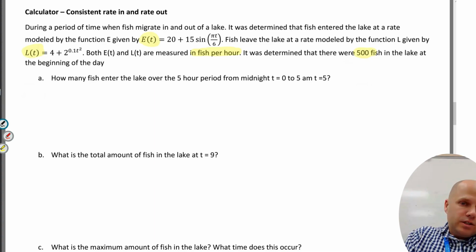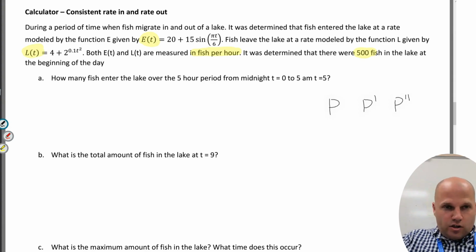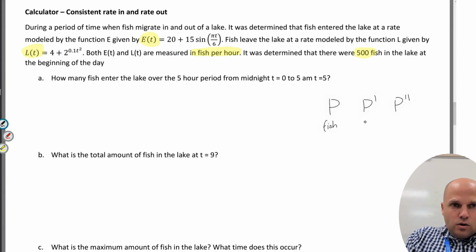Really understanding your units is important. So your position, how your position's changing and how your change is changing. Your position would be fish. Your rate of change of your position would be fish per hour. And your rate of change of your rate of change would be fish per hour squared, or fish per hour per hour.